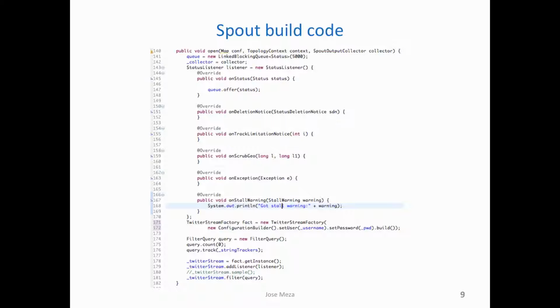Here you see the code for the spout. Using the Twitter4j API, I create a stream connection to Twitter. One of the problems that I was facing initially, I was using the sample method to read all the tweets from Twitter. But the problem was that not enough DJ names were coming up, so it was taking a very long time for one DJ to be counted.